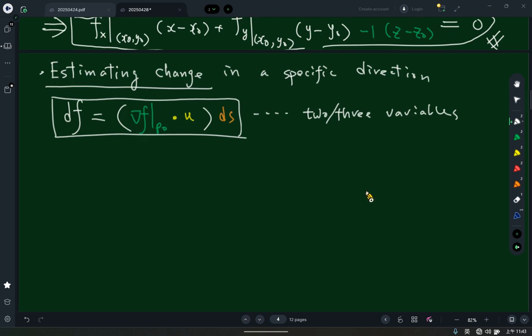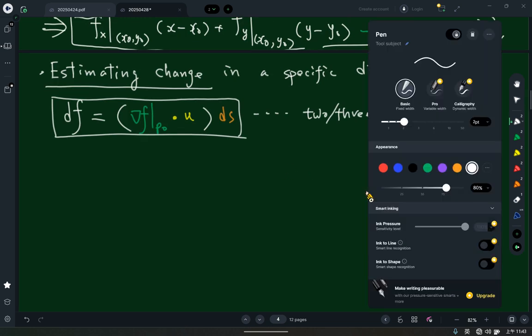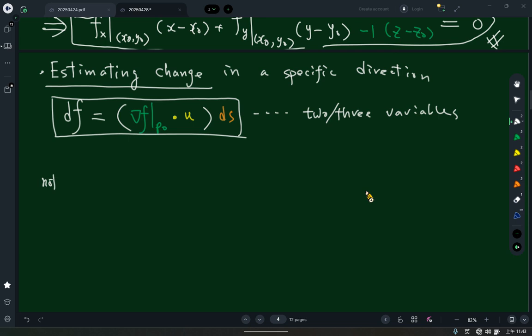So before that, I just want to remind you about single variable. This is for 2, 3, or more variables. We will define it as this one. But don't forget, we also learned the same concept for a function with a single variable.